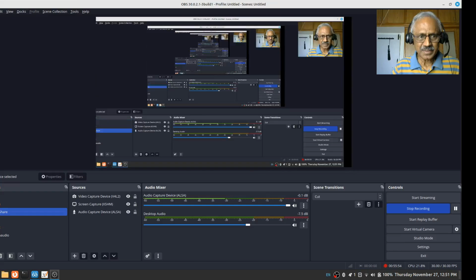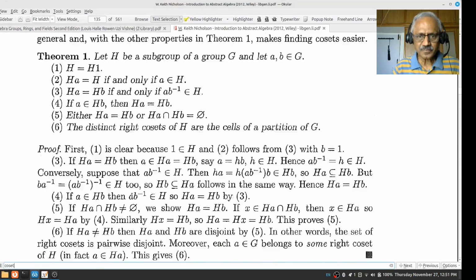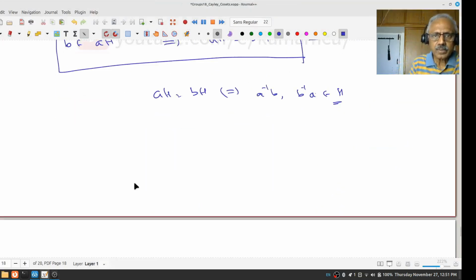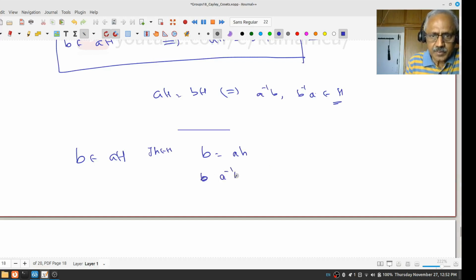Now come to the next one. Suppose B belongs to AH. That means B equal to Ah for some h in H. That means A inverse B equals h, so A inverse B belongs to H. That means AH equal to BH.